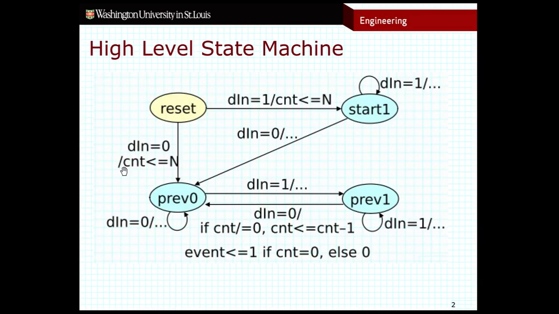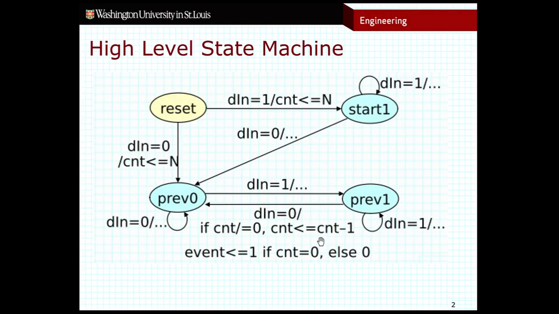So this quote-unquote output, this action, as I like to call it, in a high-level state machine, is going to set this variable count to this value called n as we transition from reset to previous 0. Right? So this transition from previous 0 to previous 1, you can see doesn't do much of anything. But when we go back from previous 1 to previous 0, you notice that this action down here includes an if statement.